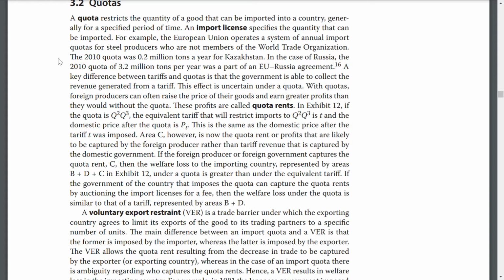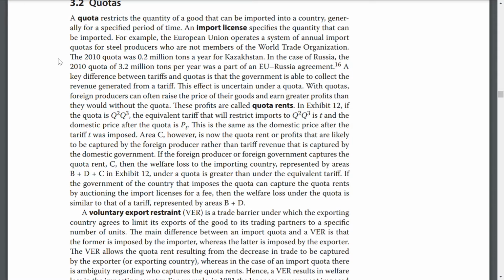A key difference between a tariff and a quota is that the government is able to collect the revenue generated from a tariff. This is uncertain under a quota. With quotas, foreign producers can often raise the price of the goods and earn greater profits than they would without a quota. These profits are called quota rents.